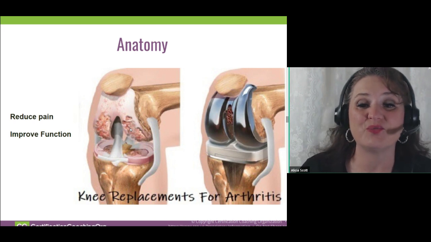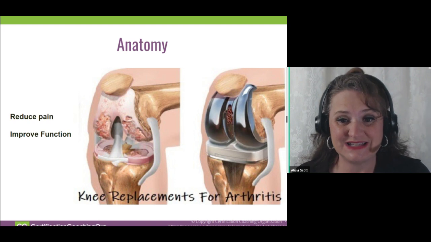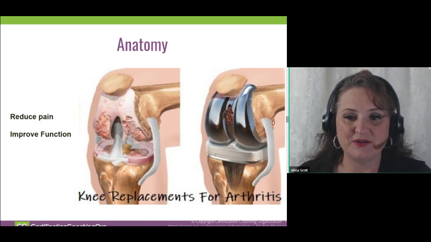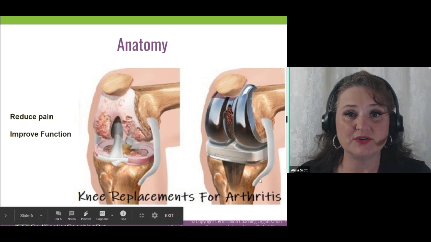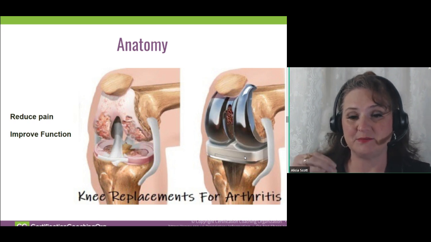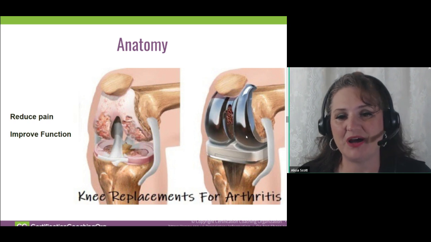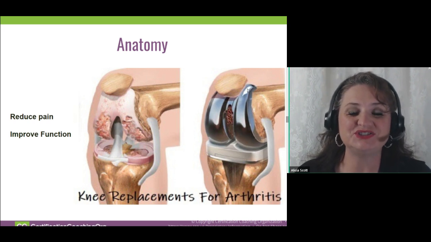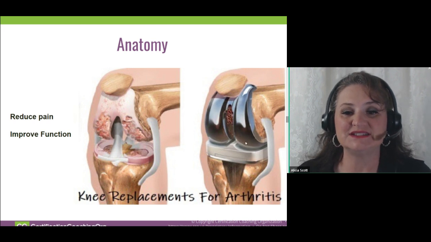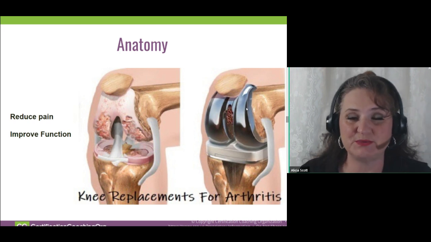I got a little picture of arthritis to show you, so you can note that. When they replace the knee, look what they're doing. Now, in this one, they've left this outer ligament, and you have a new meniscus, which is actually a plastic plate, and then you have this, which I don't remember if it's titanium or not, but I know they do use titanium. So let's just say, for the sake of argument, that this is titanium that's screwed into the end of the femur, and then the patella is just put back in place.